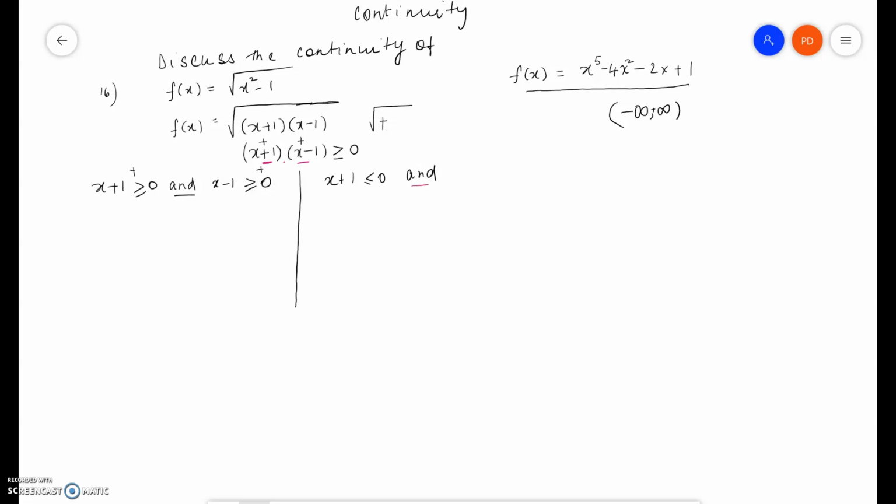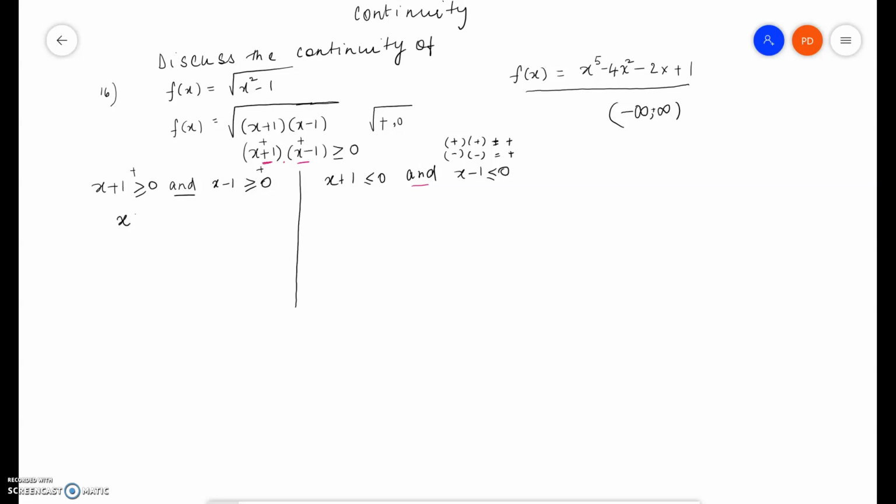So we're trying to make sure that the quantity under the radical sign is positive or 0. So x minus 1 is less than or equal to 0. Basically the product of two positive numbers is positive and the product of two negative numbers is positive as well. So let's look at the first case when both are greater than or equal to 0.